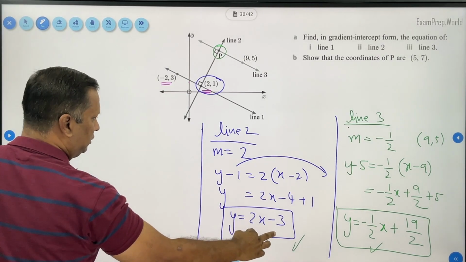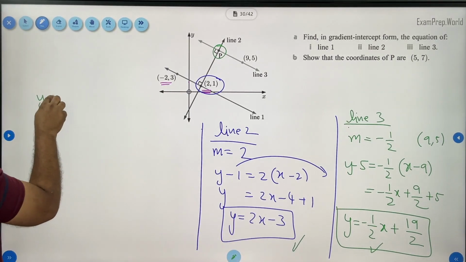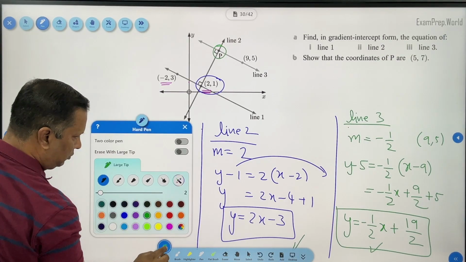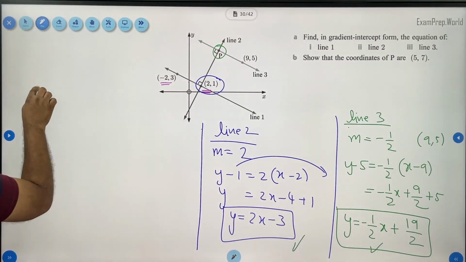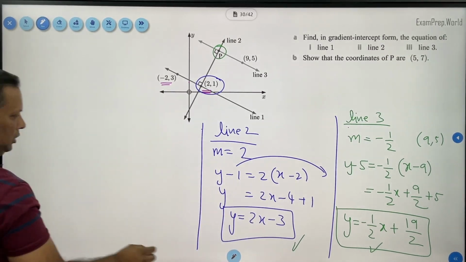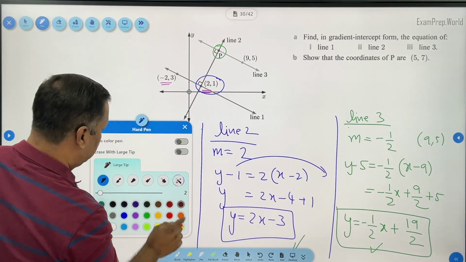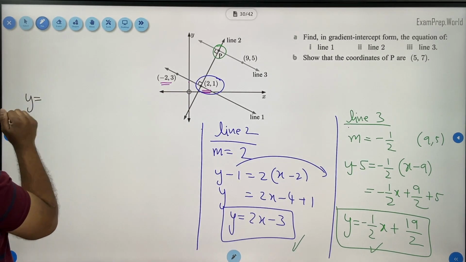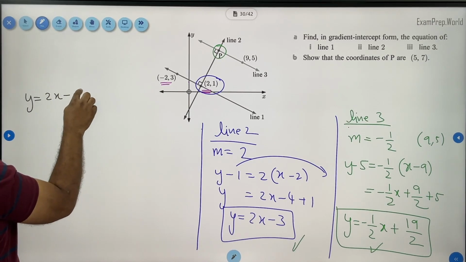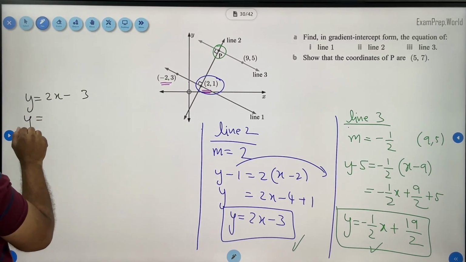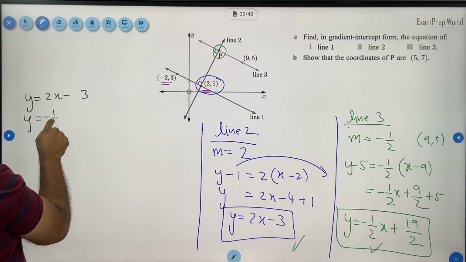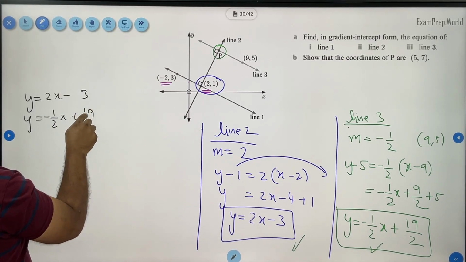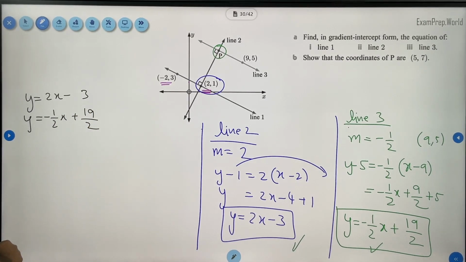We have two equations: y equals 2x minus 3 and y equals negative half x plus 19 by 2, right.